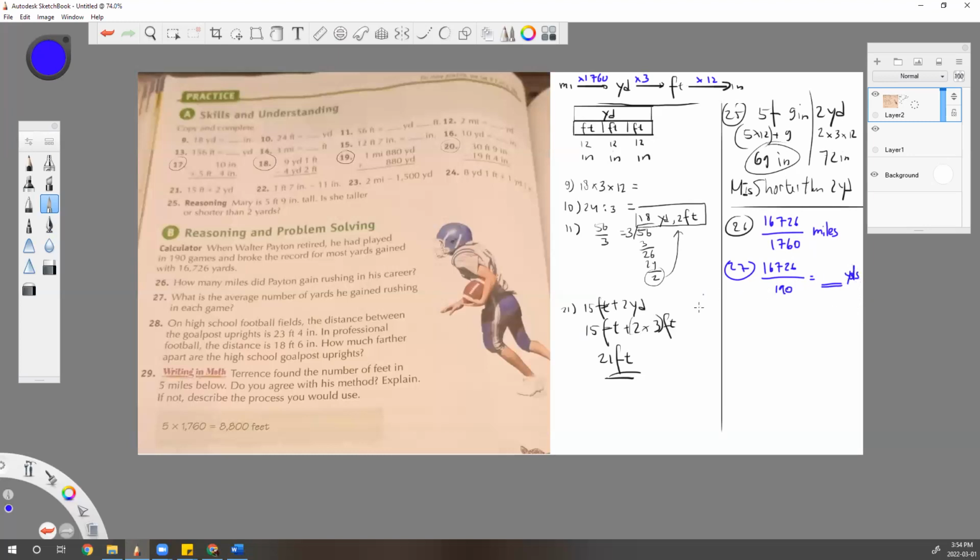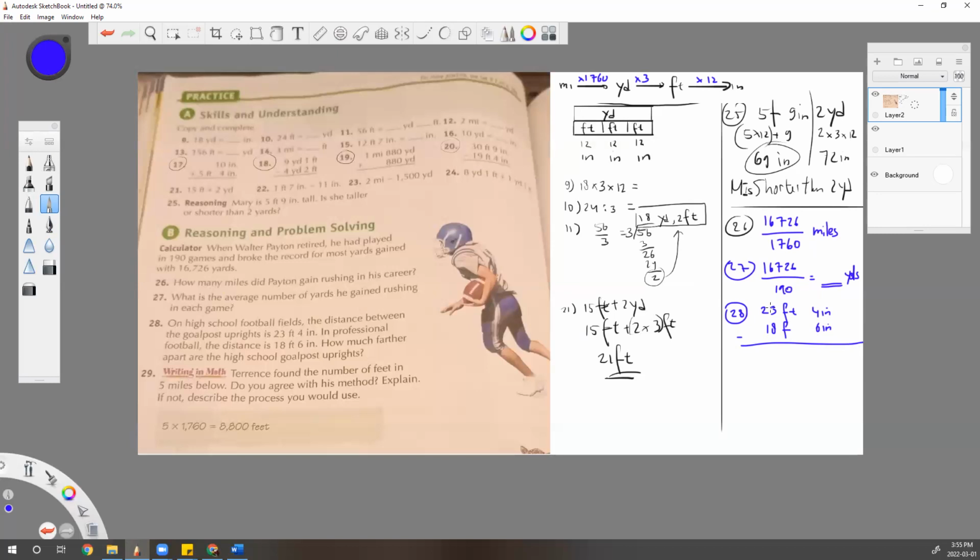Okay. On his high school football field, the distance between the goalpost uprights is 23 feet 4 inches. In professional, the distance is 18 feet 6 inches. How much further apart are the school goalpost uprights? So you need to subtract 23 feet 4 inch by 18 feet 6 inch, right? When you subtract, you realize that 4 cannot be subtracted by 6. So you need to borrow.